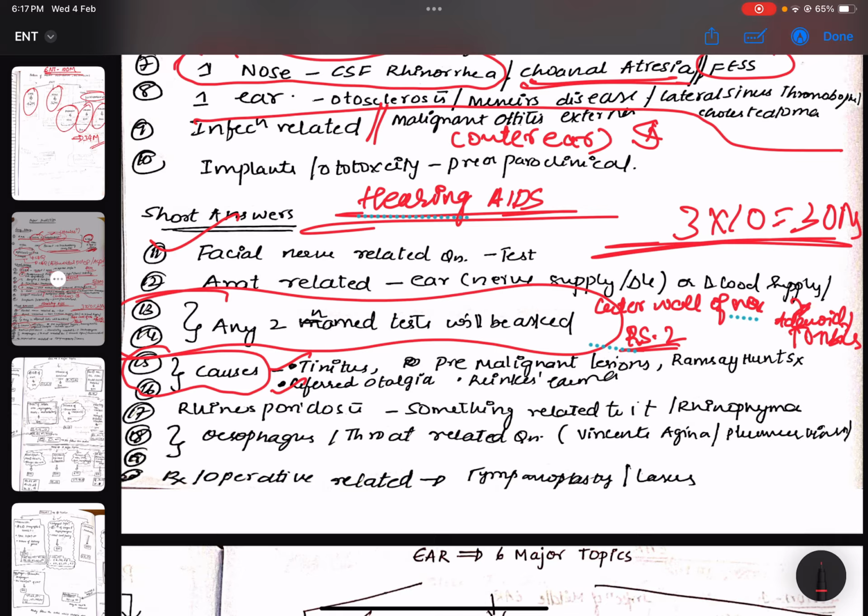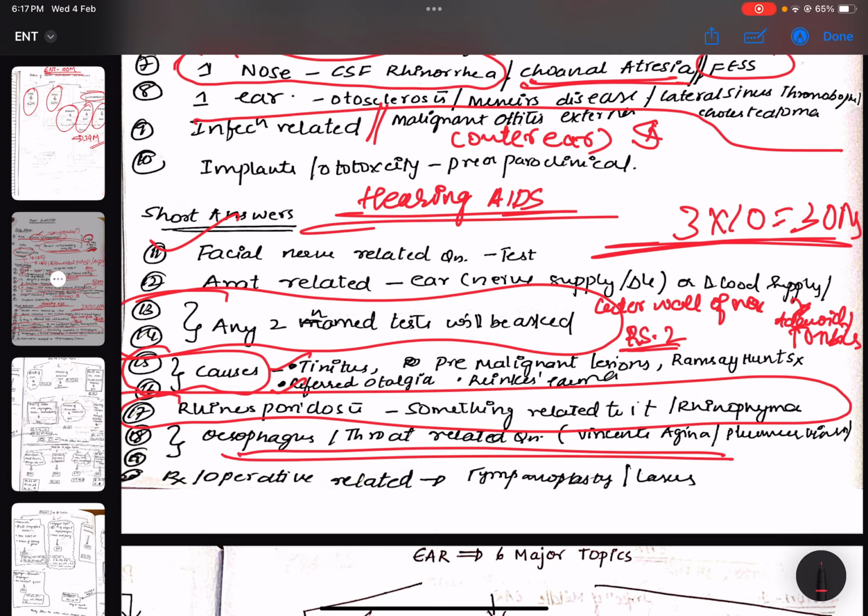And one question related to rhinosporidiosis or rhinophyma, either in 5 marker or 3 marker, is short. And 2 questions related to throat, for example Vincent angina, Plaut-Vincent, are short. And one operation related question will be asked for short, for example tympanoplasty, myringoplasty, or CRM. So something related to that will be asked.